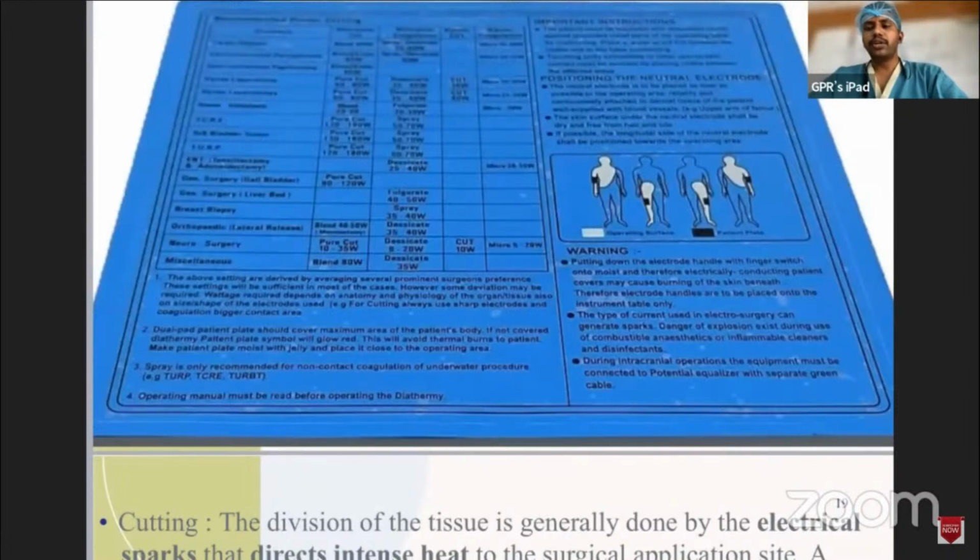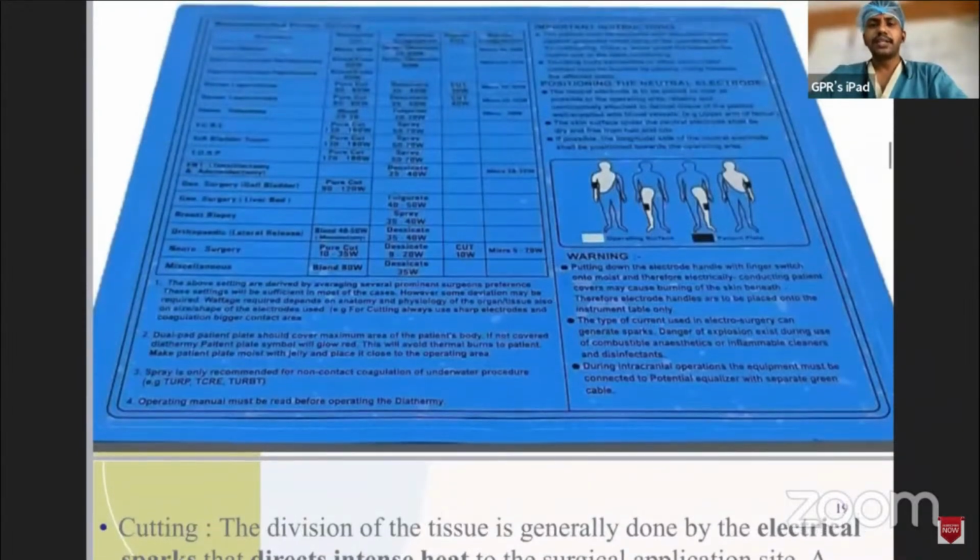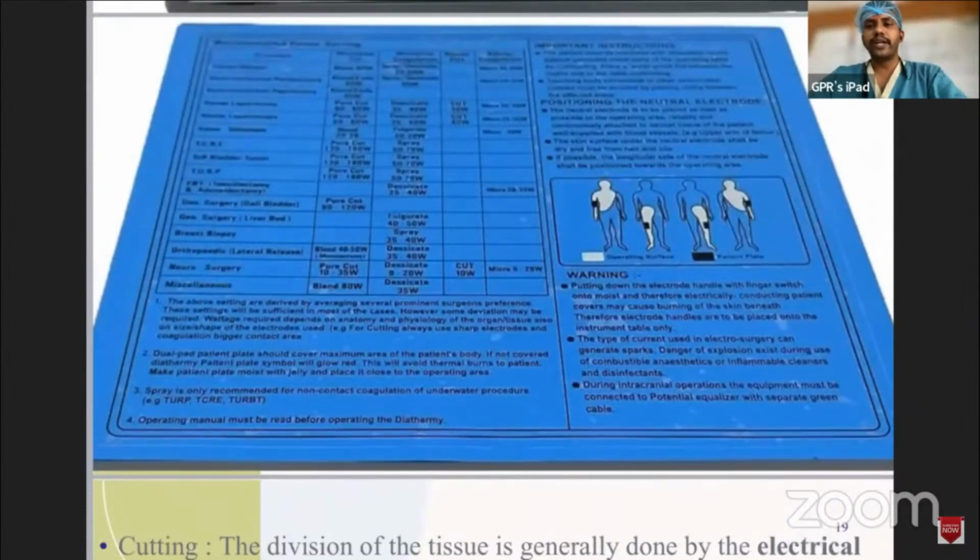Whenever an electrocautery unit is used, if the site is in the lower part of the abdomen, it is better to keep the pad on the back. If it is in the upper part of the abdomen, it is better to keep it on the lower back. These figures show a schematic diagram of a person where the cautery pad can be placed, and this also tells us what amount of energy to use and what setting to keep.